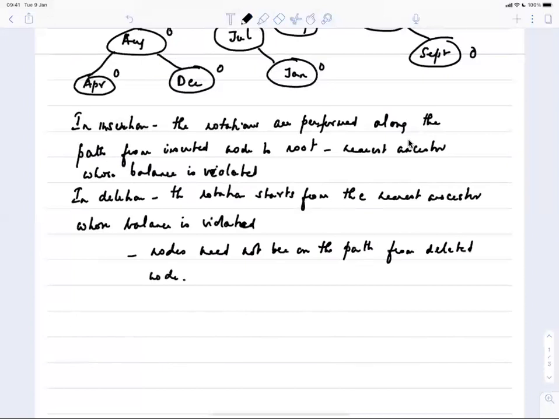Okay, because it has to happen on the other nodes, on the other tree participate.